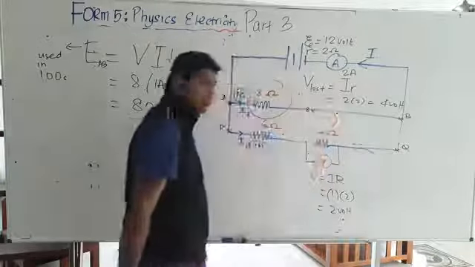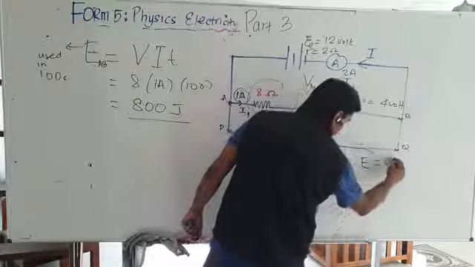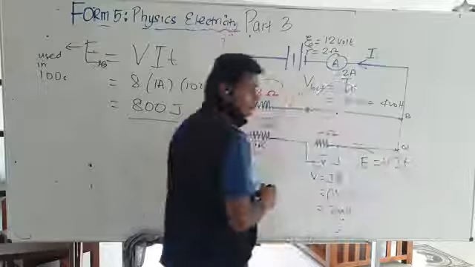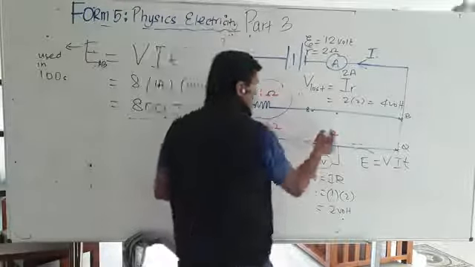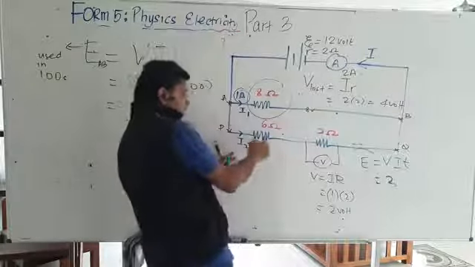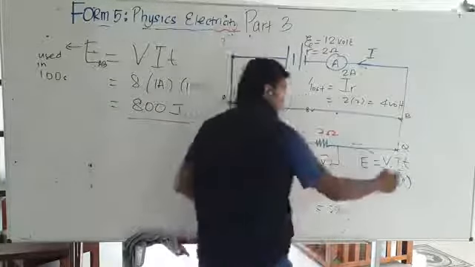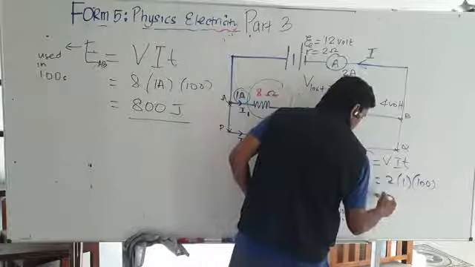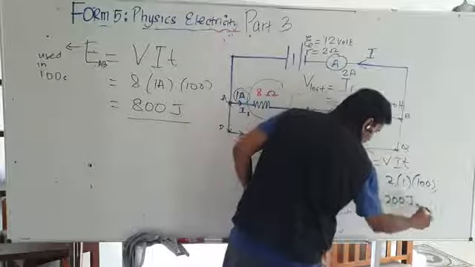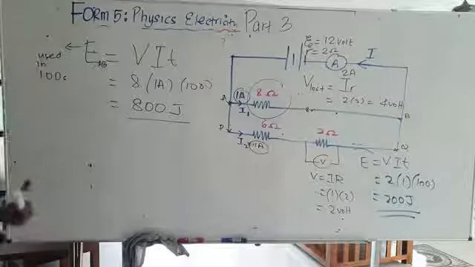So now you have found the volt, we can actually find what is the energy used. The energy used here is, volt is 2, we just found. The current flowing is 1 ampere. Time is 100 seconds, which means the energy used will be 200 joule over here. Are you following me? All right?